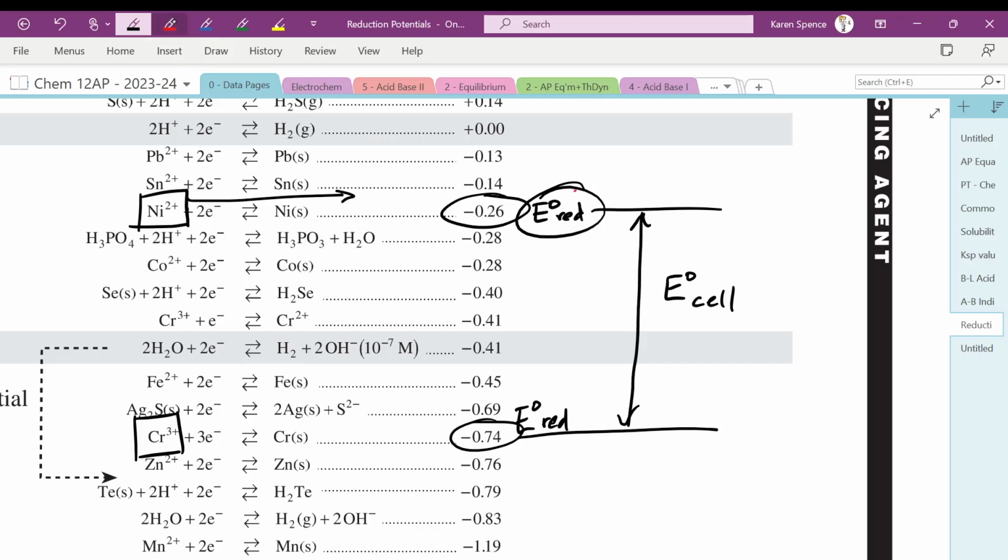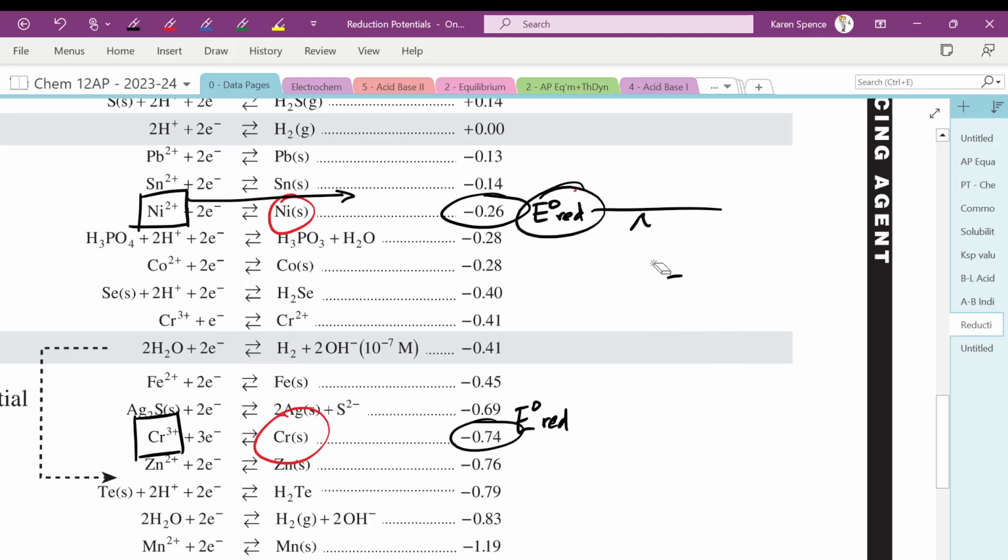And if we're comparing these two, what is the E0 oxidation of nickel? Positive 0.26. And the oxidation potential of chromium is positive 0.76. So who is better at getting oxidized?